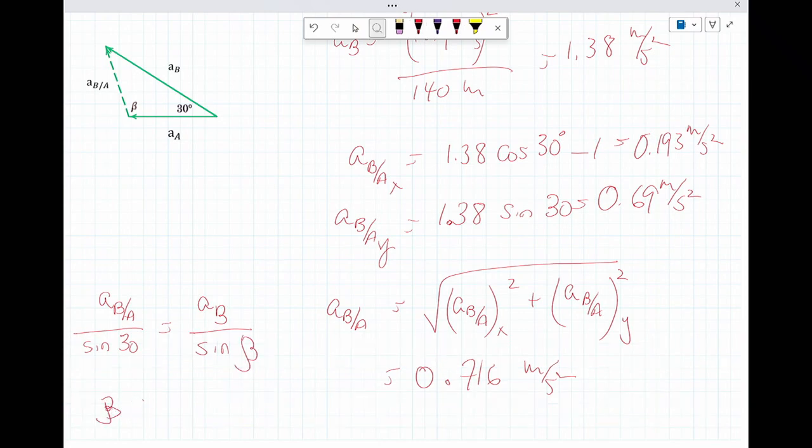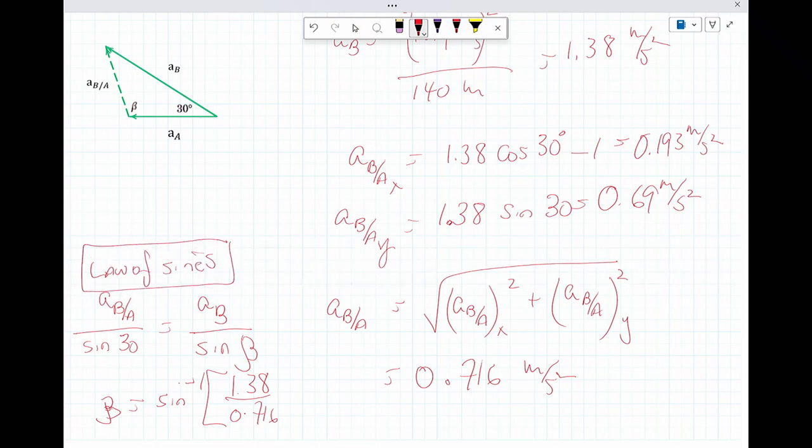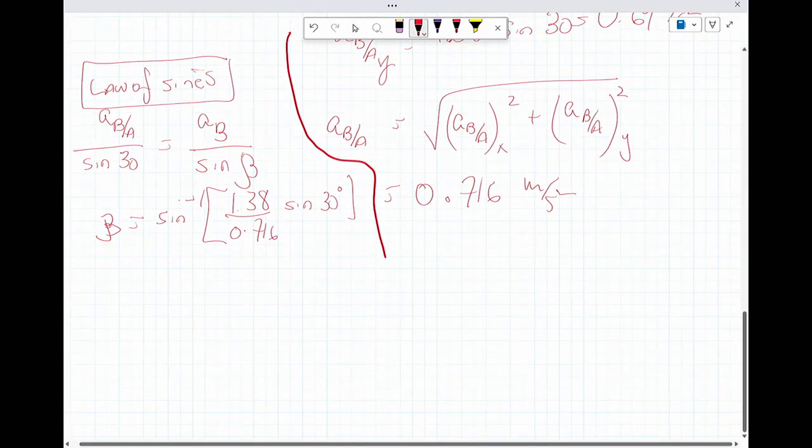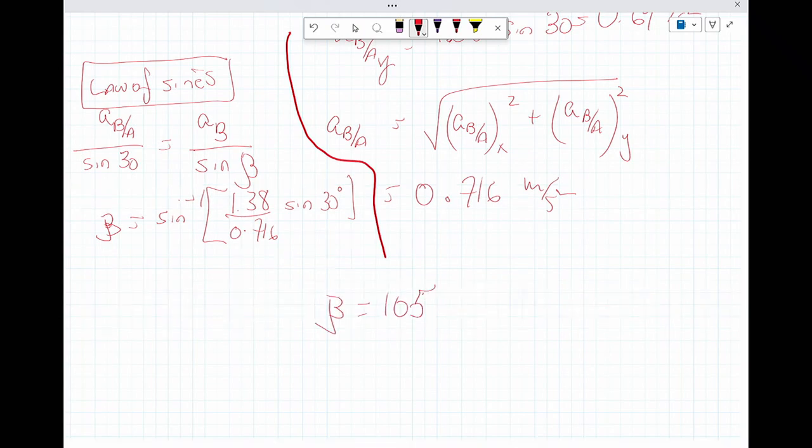Beta is equal to inverse sine 1.38 over 0.716 sine of 30, and you end up with beta equal to 105.7 degrees.